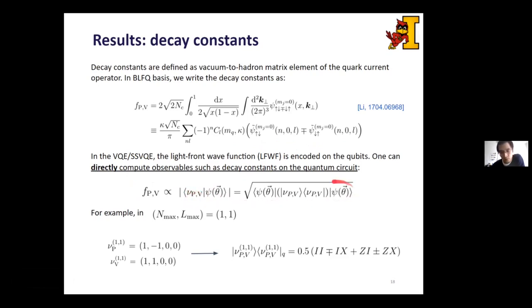And this can be constructed as an expectation value like this, and we can obtain the operator in the middle, and then we translate the operator on the quantum circuit using direct encoding or compact encoding. So for instance, in the smallest non-trivial Hamiltonian, the operator that you use for the decay constant would be simply like this.